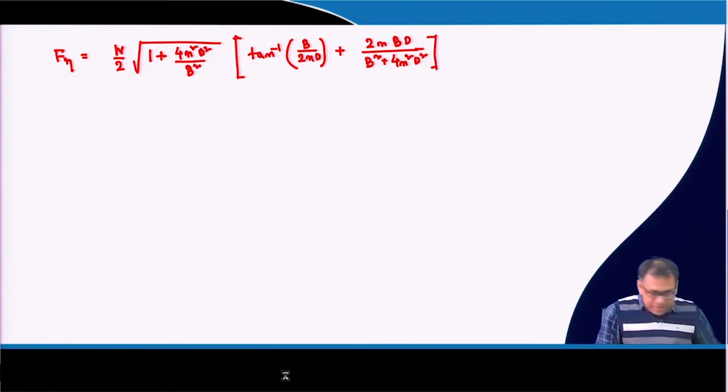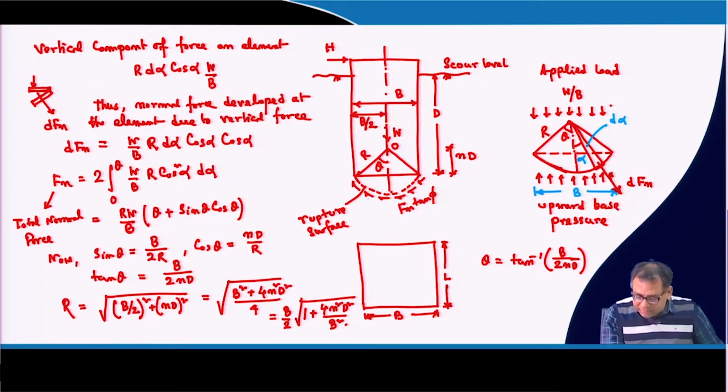So, now Fn is acting along this surface. Now, what will be the moment due to this Fn? Fn into tan phi is acting around the surface. Because Fn is the normal force, if I multiply it with tan phi, that will give you the shear stress which is acting along the rupture surface.